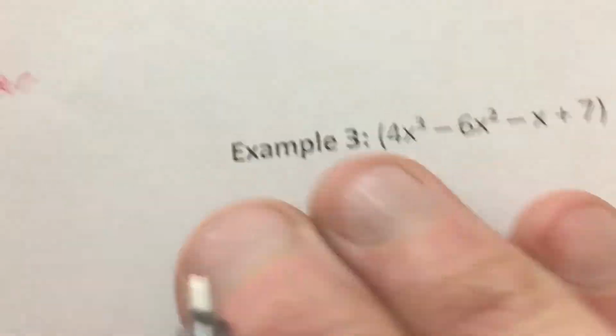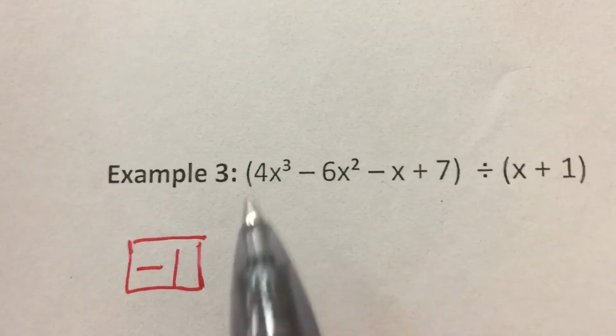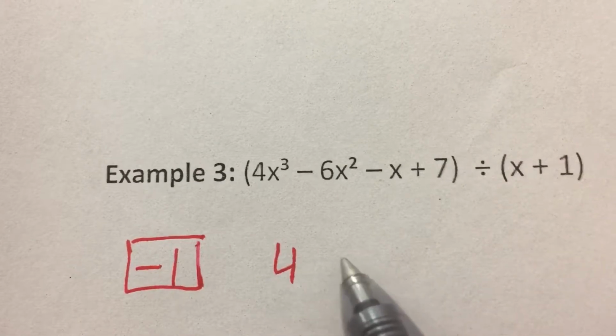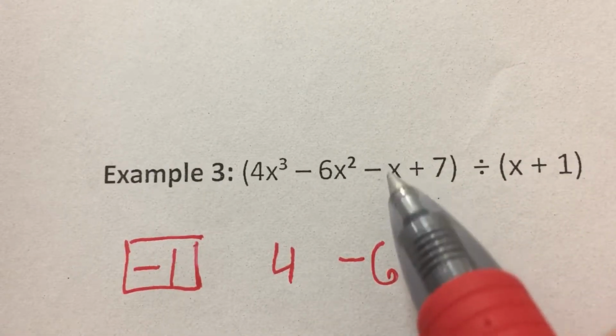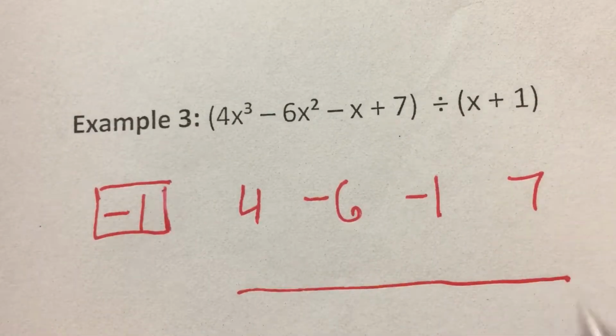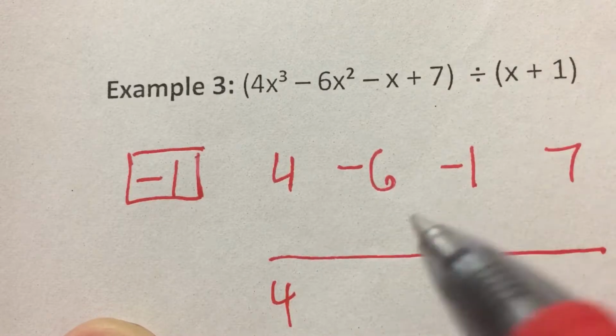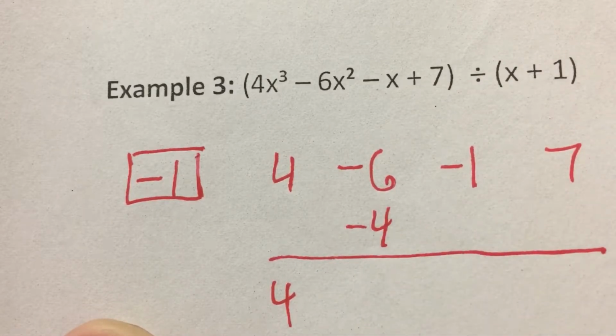Coming over here to the last example, number 3. The opposite of the divisor here, the number in the box, would be negative 1. Coefficients are 4, negative 6, negative 1, and 7. Give myself some space, drop the 4. Negative 1 times 4 is negative 4.